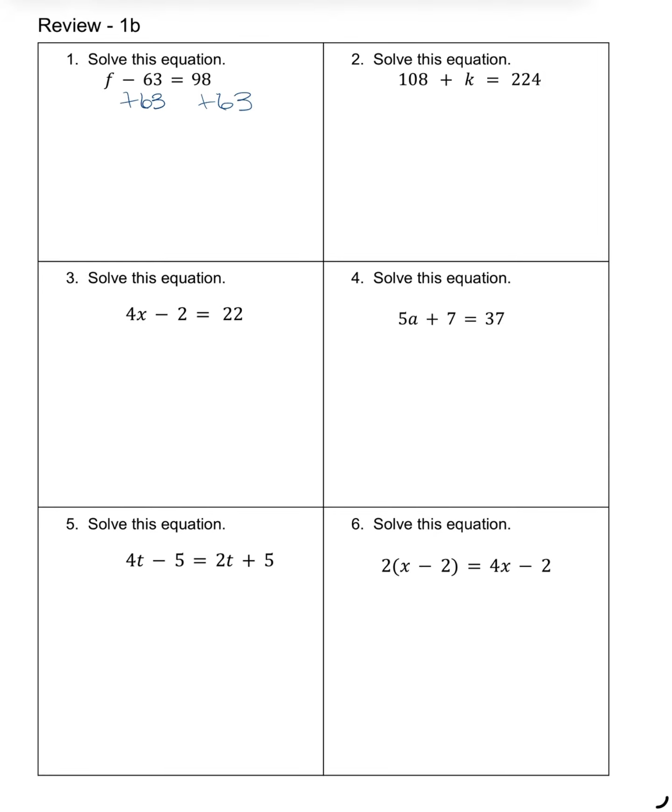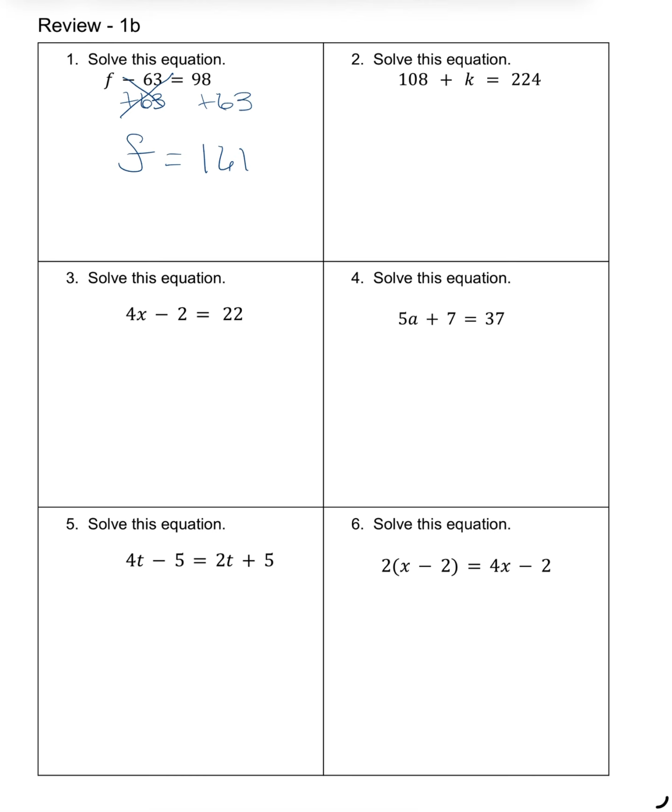So again, back to the left side, when we subtracted 63 and then added 63, that canceled out that minus 63, and that just leaves us with our letter F. But now we need to do 98 plus 63 on your calculator or in your head, doesn't matter to me, and that's going to give us 161.